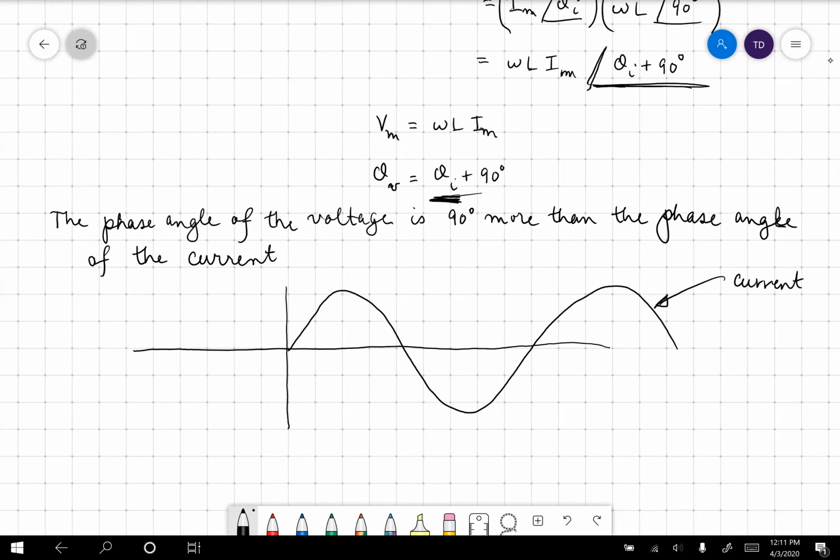It's the same phase angle plus 90 degrees. It's 90 degrees more. Plus 90 makes it shift in this direction. Negative makes it shift in that direction. So it's going to be shifted over by 90 degrees. From here to here is 90 degrees. Don't worry about what it is in time. So the voltage is going to be shifted by 90 degrees. It's going to look something like this.